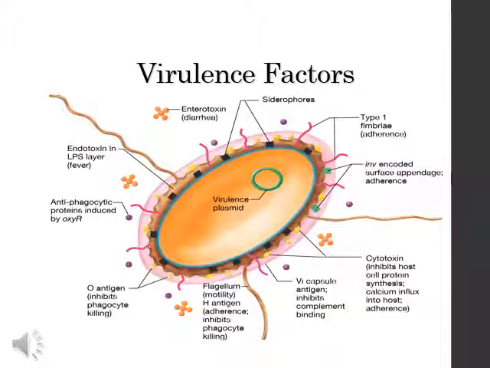There are many: flagella, antigens, even a virulence plasmid is involved in disease development. So these are actually virulence factors for any bacteria, for the development of any disease. So thank you so much.